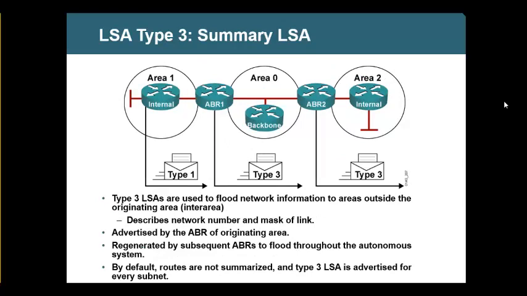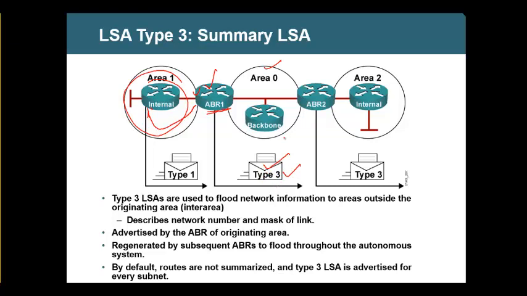If you notice this picture, type 1 LSA comes, advertises the network. So now this router knows the networks of the inside, and this router is also a member of area 0, that's why it is an ABR. So now what it does is the ABR advertises the networks of area 1 to area 0 as type 3 advertisement.